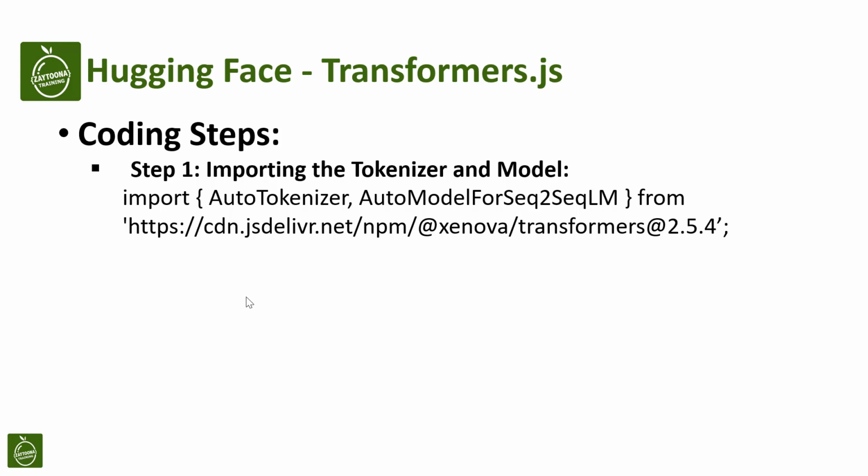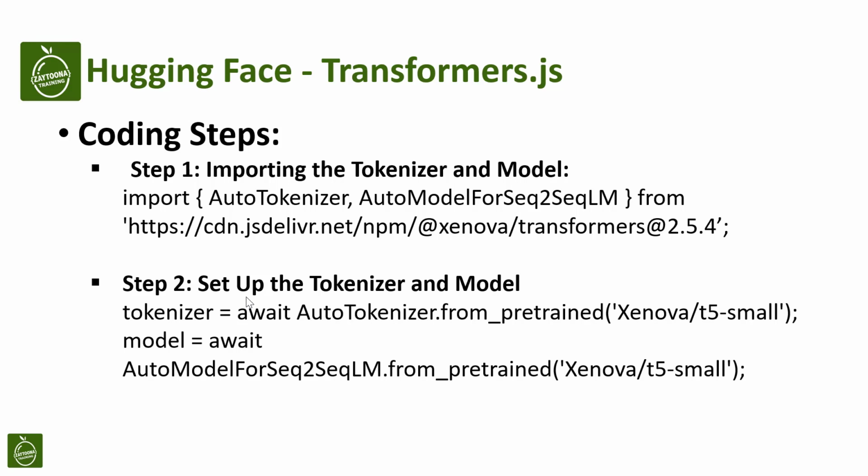Rather than having a specific tokenizer or model for each possible architecture or variation, the Auto classes in the Transformers library can automatically infer and load the right configuration based on the name or path provided. This allows users to work with a wide range of models without needing to keep track of each model's specific class.